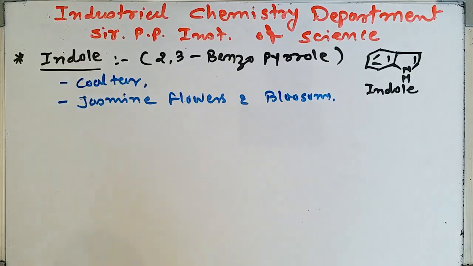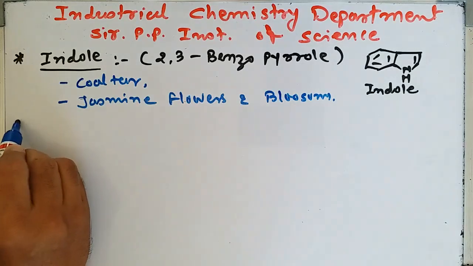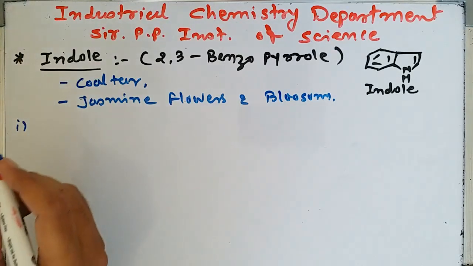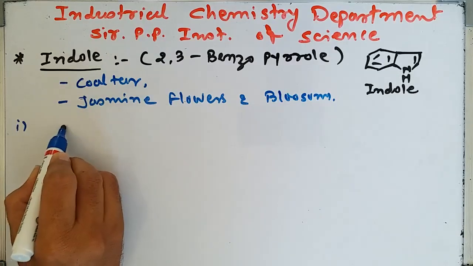Preparation of indole. First, indole may be prepared from phenylhydrazone and acetaldehyde by the following reaction. First of all we write down phenylhydrazine.